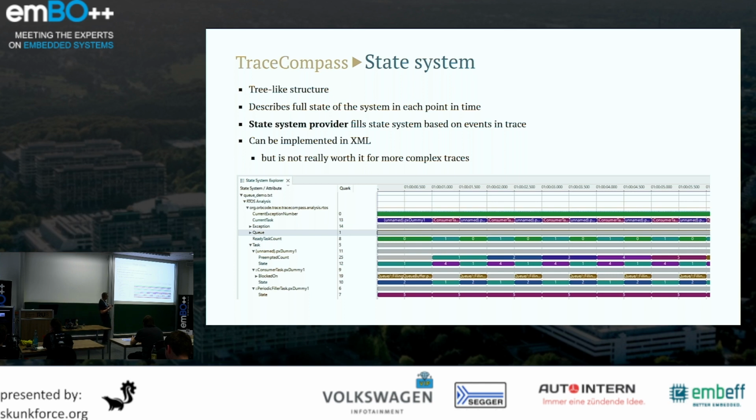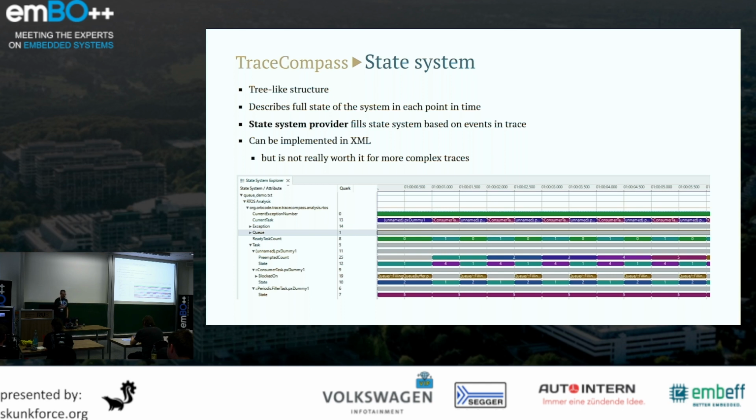So for example, we have some task here, and we have state, some task and state, and we can see that it's switching between different states one after another. And this corresponds to the actual events in our trace.